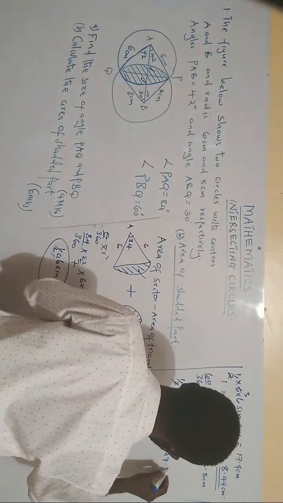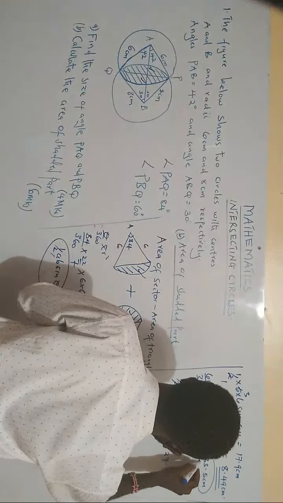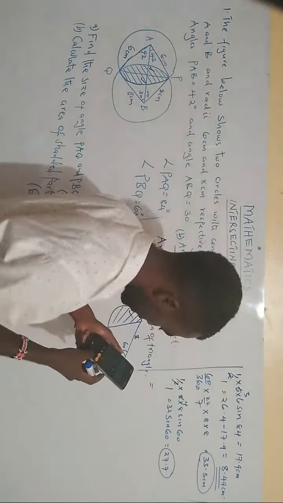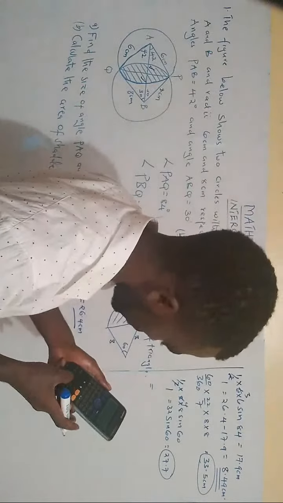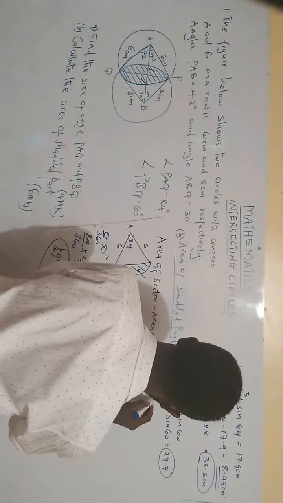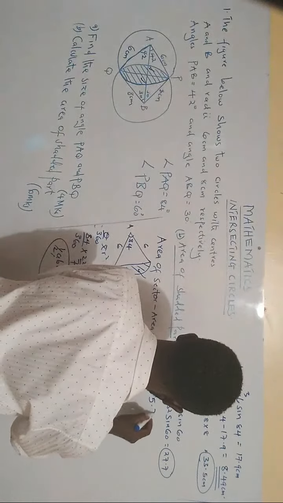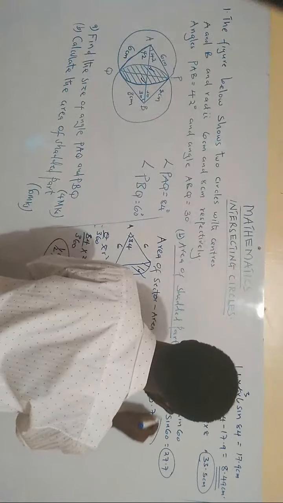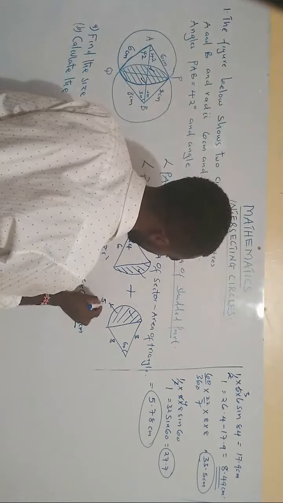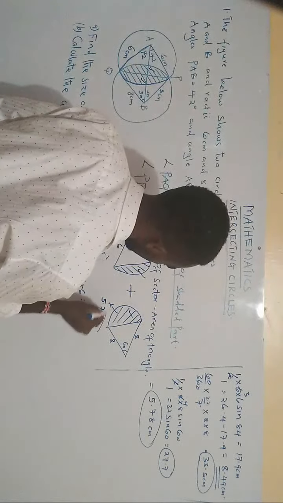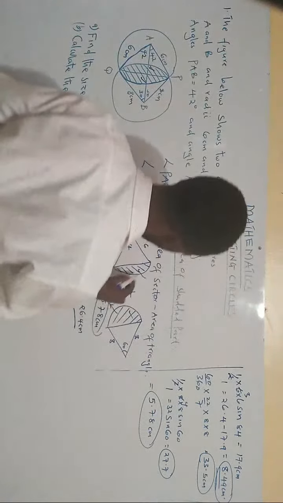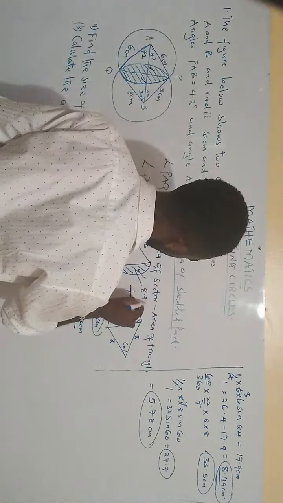So you get the area of the sector minus the area of the triangle: 33.5 minus 27.7, which is 5.78 centimeters squared. So this is the area of this segment, 5.78. The area of the other segment was 8.49.